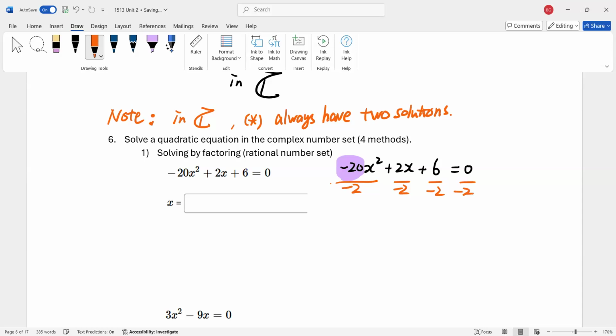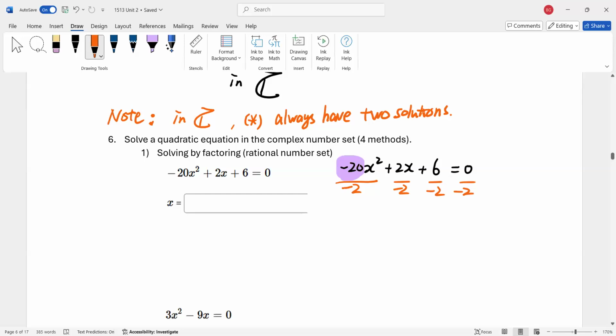Even though the equation is already in standard form, it's not simplified. So we should always look at the equation and figure out a way to handle it before actually starting to solve it. We notice we could get rid of 20, right?